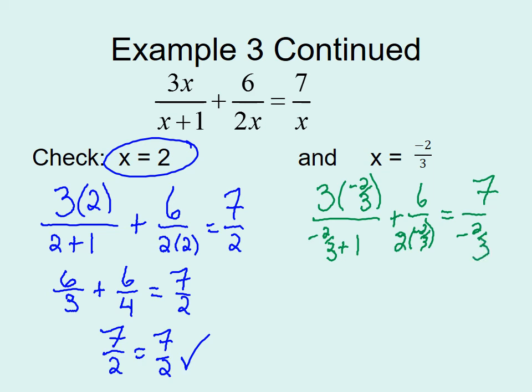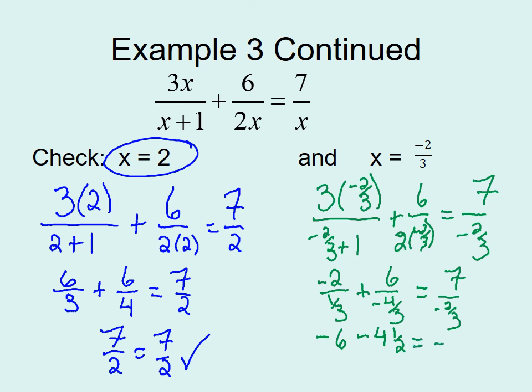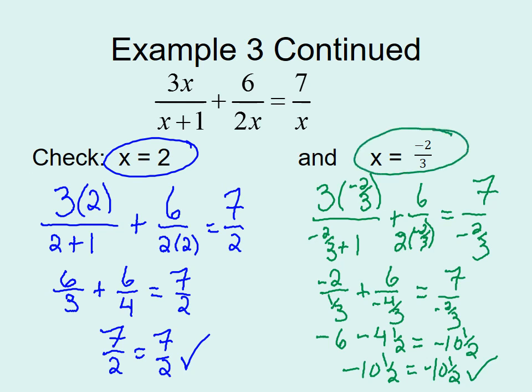When I'm simplifying this, I'm going to get a negative 2 over 1/3 plus 6 over negative 4/3 equals 7 over negative 2/3. When I go ahead and simplify this, I get a negative 6 minus 4.5 equals negative 10.5. When I combine these, I get negative 10.5 equals negative 10.5. And that, ladies and gentlemen, does equal each other, so it's going to be a solution.